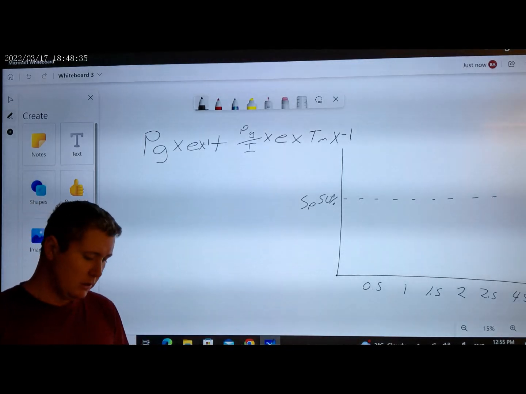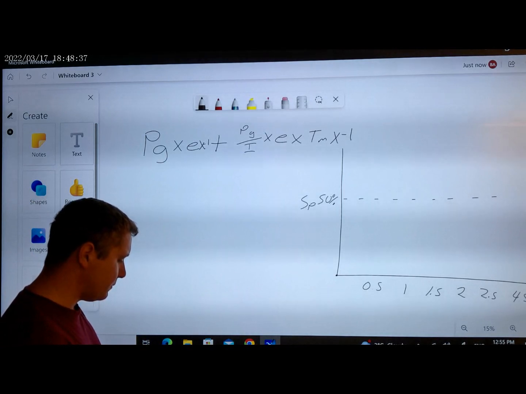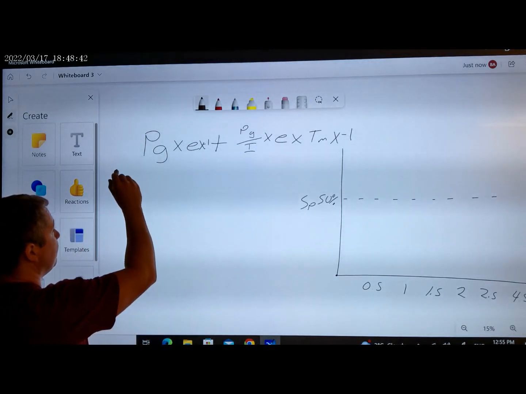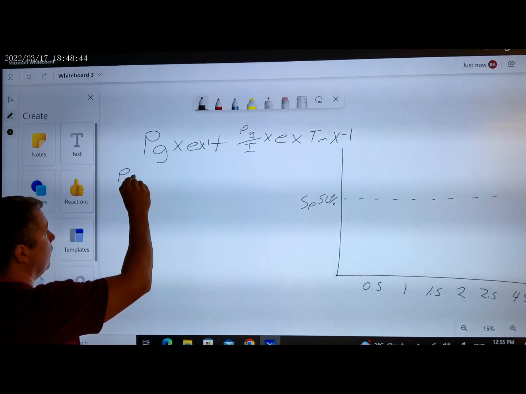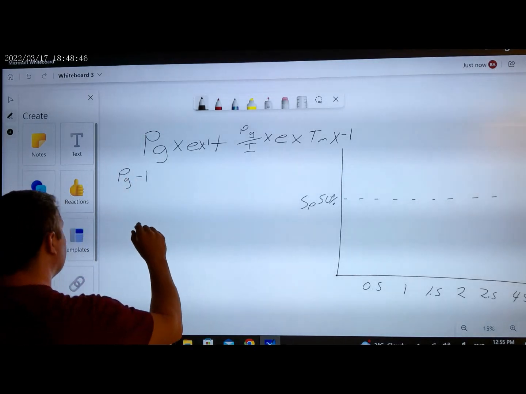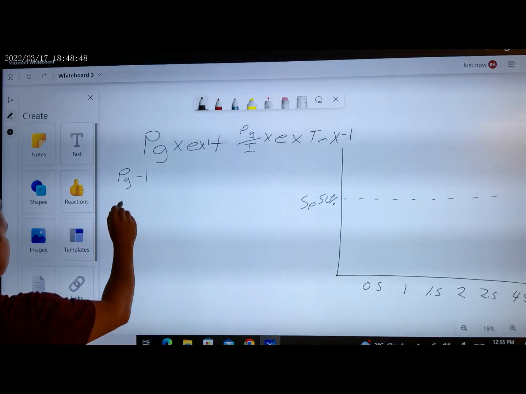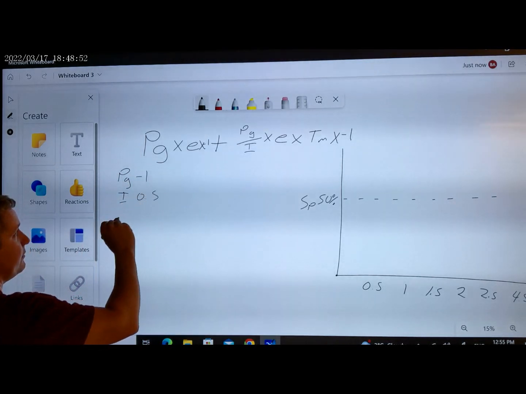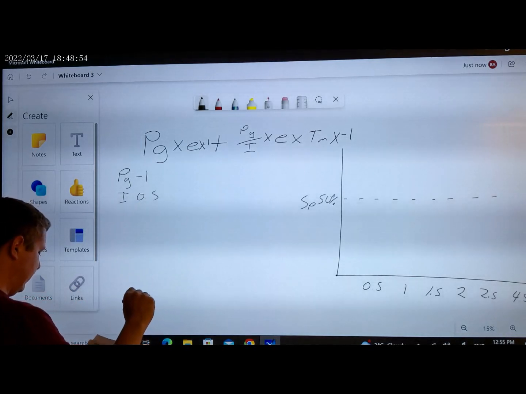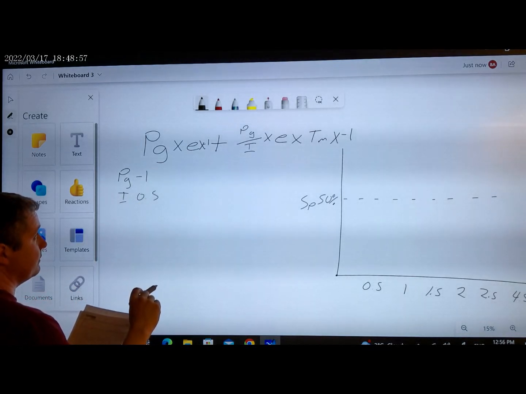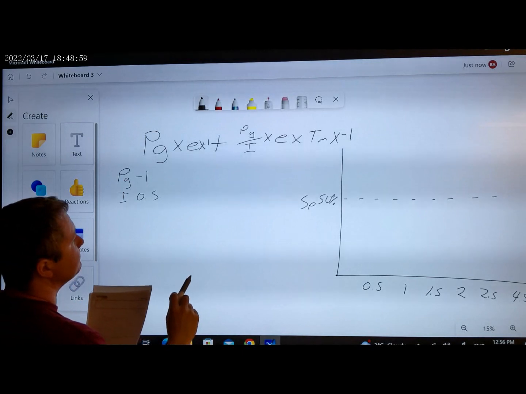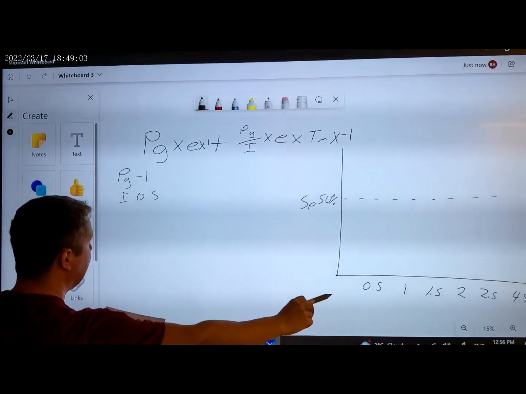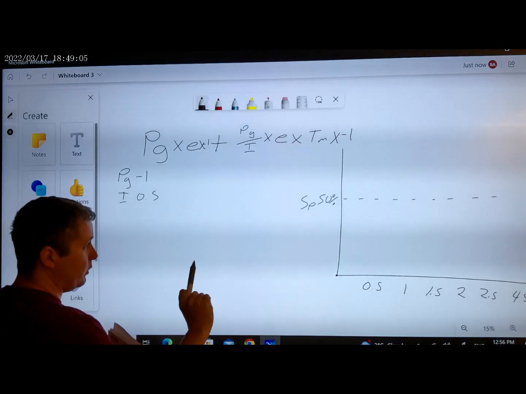So we're going to set this with a proportional gain of 1, an integral of 0.5, and we have our time and our error.